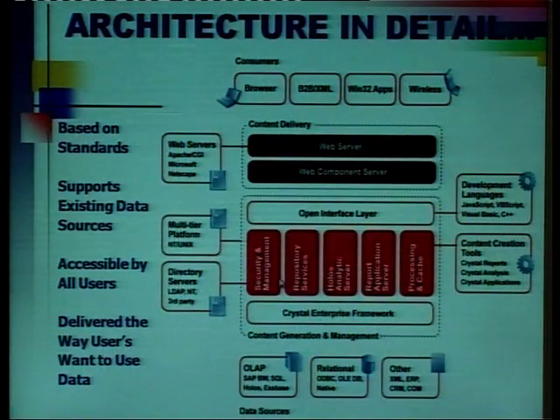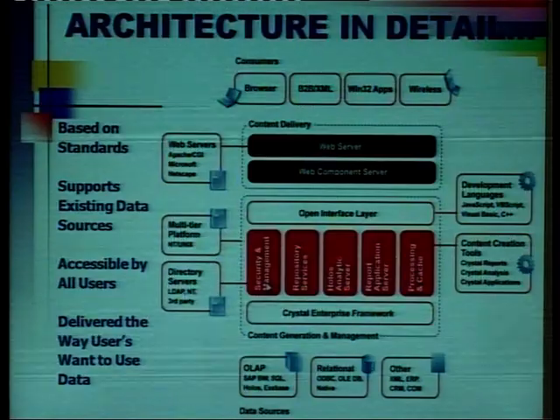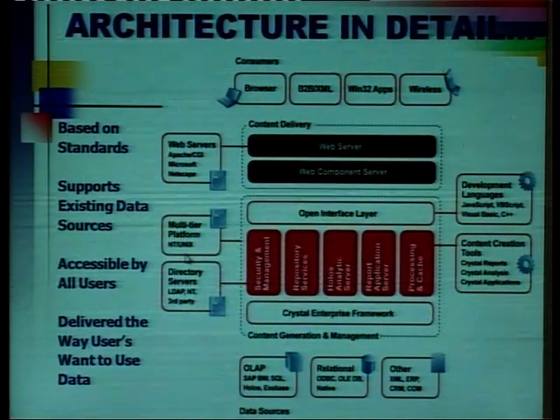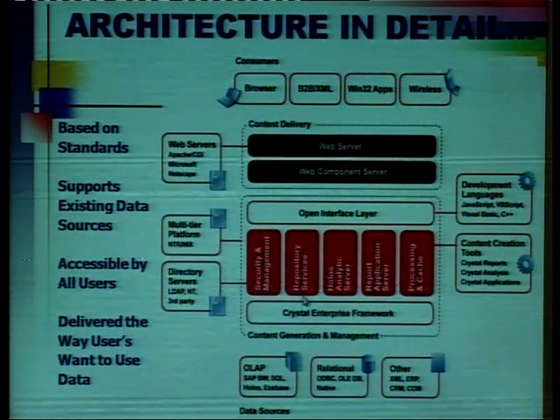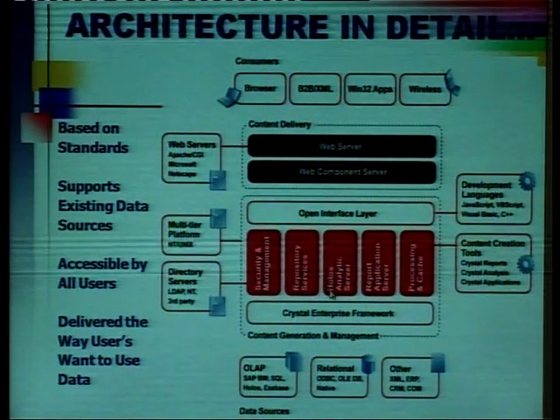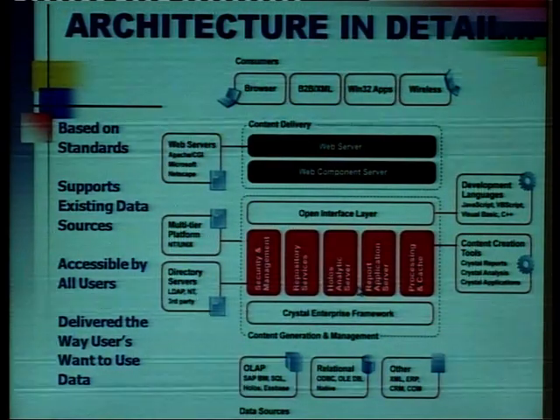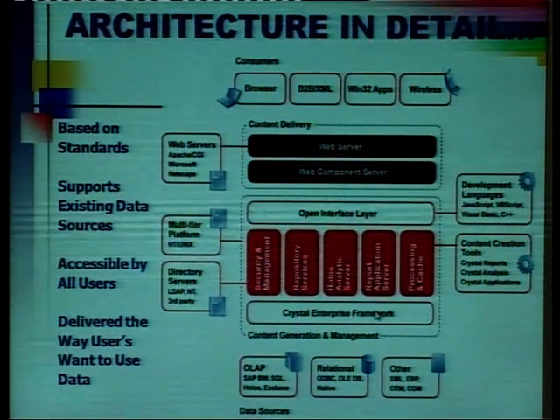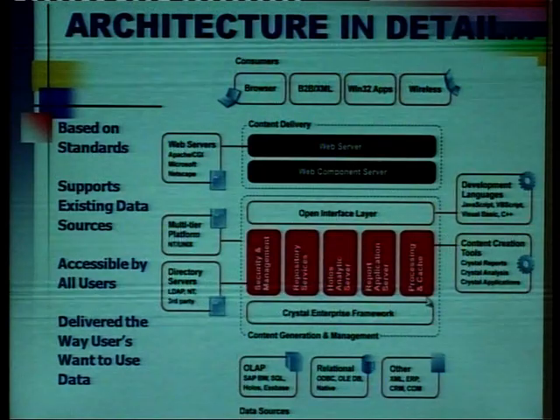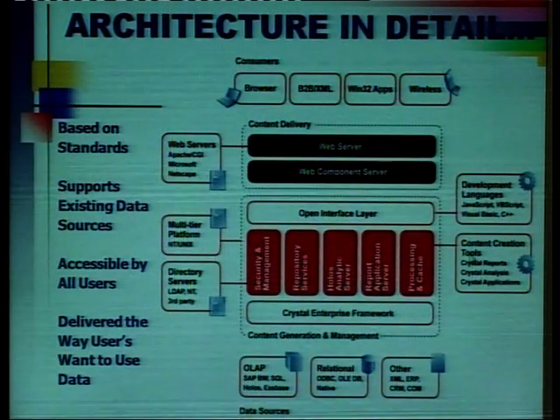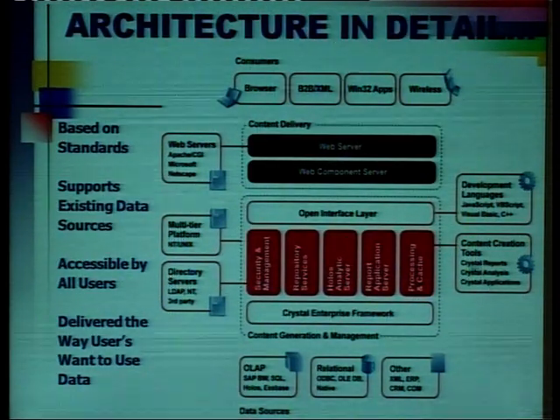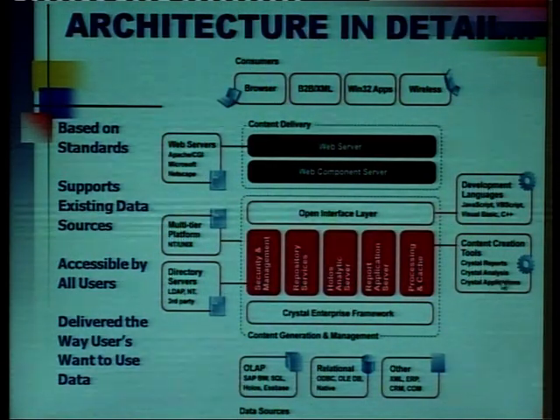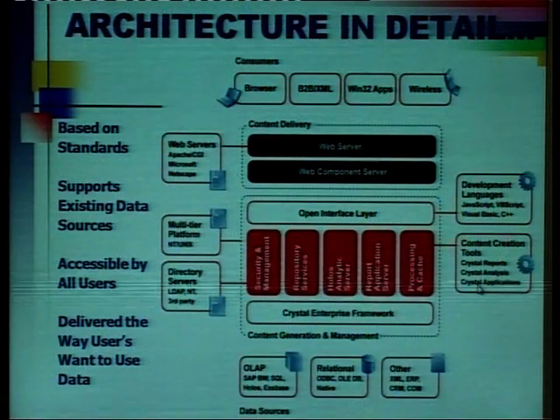Then there are some directory servers and multi-tier platforms like NT and Unix, which provide security and management, and repository services, analytic server, report application server, and processing and cache properties. And this is the content creation tool such as Crystal Reports, Crystal Analysis and Crystal Applications.